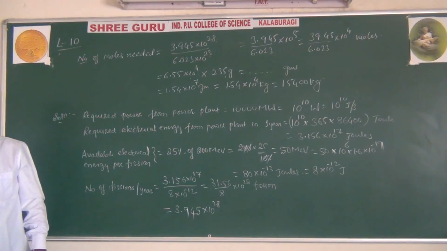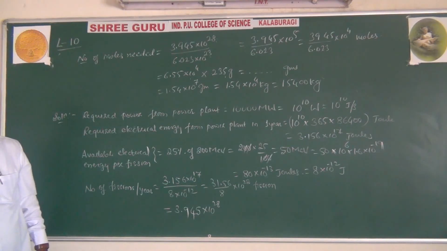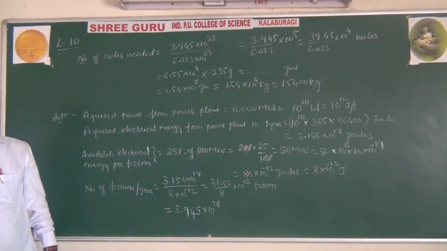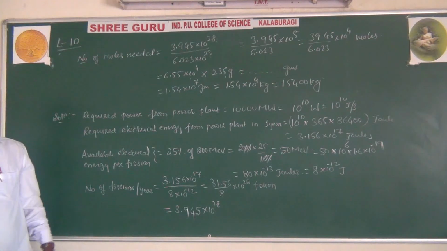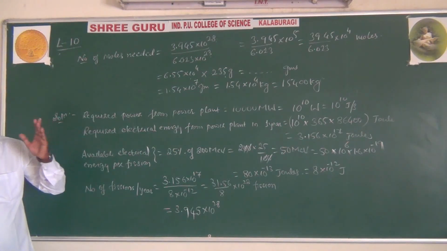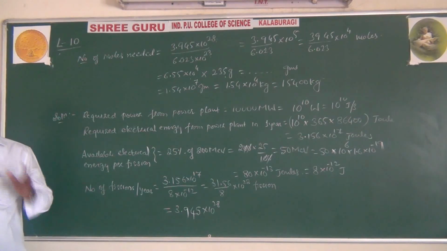Means the total energy is 10,000 into 10 raised to 6, total 10 raised to 10 joules per second. In 1 year, 3.156 into 10 raised to 17 joules energy.